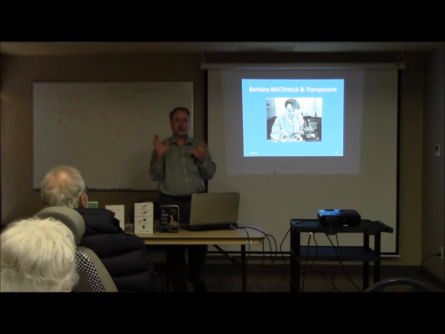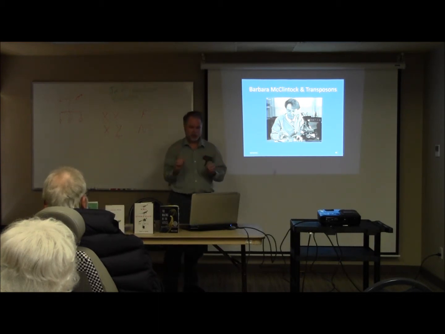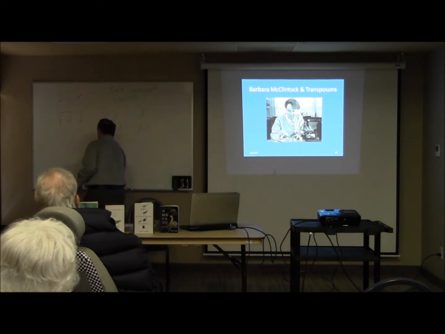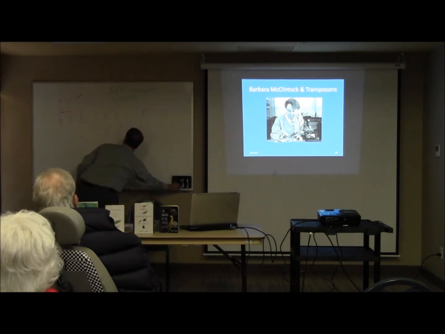And she talked about pieces of DNA that would move from place to place. I didn't put a slide in there, and I apologize for that, but let me draw it on the board.